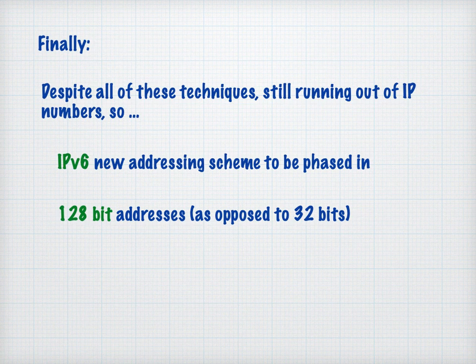So a few years ago, it was realised that we were literally running out of numbers to be allocated, and so IP version 6 was proposed. Over the last few years, we've been moving towards IP version 6, and IP6 basically uses 128 bits rather than 32 bits. So obviously you have a much wider range of numbers that you can use for addresses.